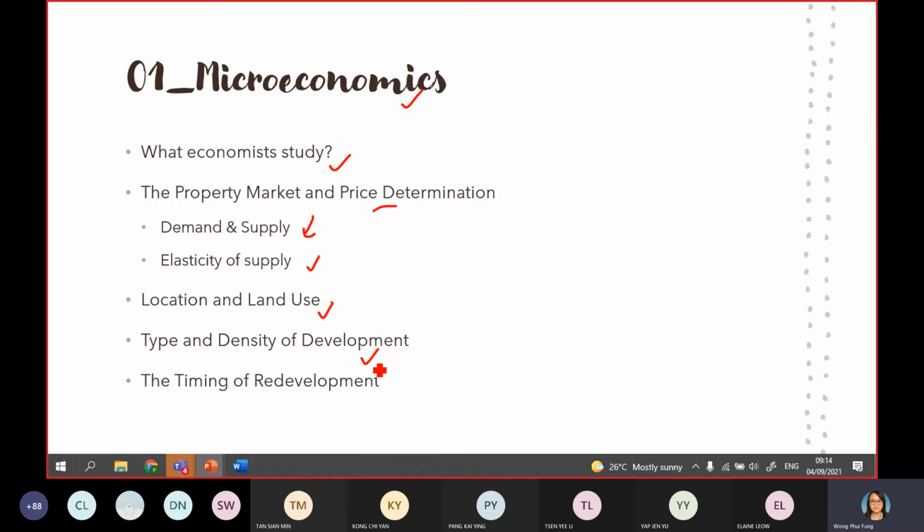And after that, we have learned about types and density of development. Remember that land has scarcity value, meaning to say that because it's very expensive, you need to build higher to maximize the profit.